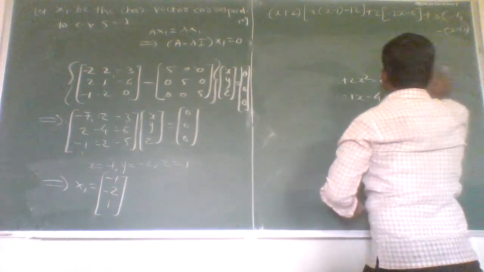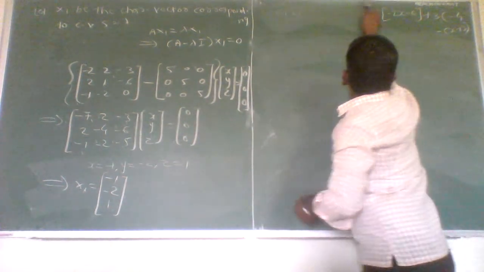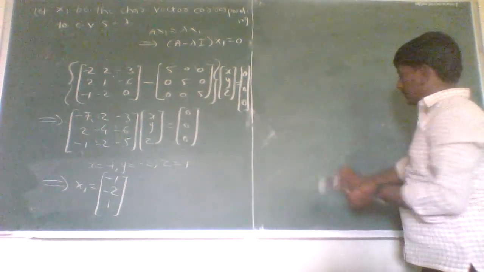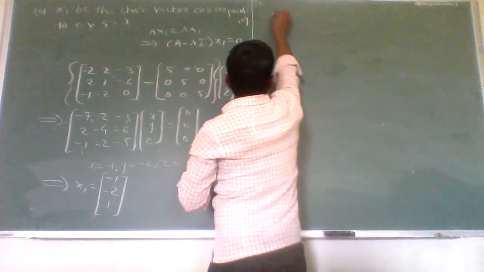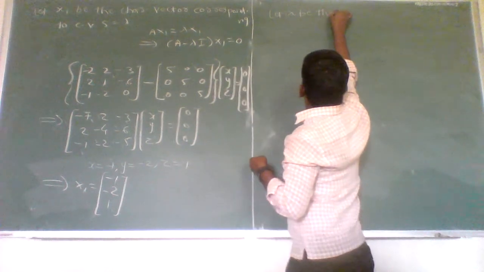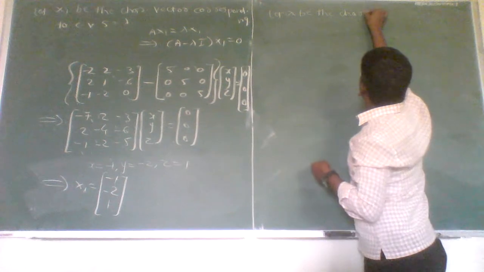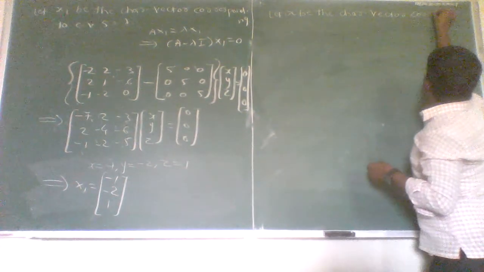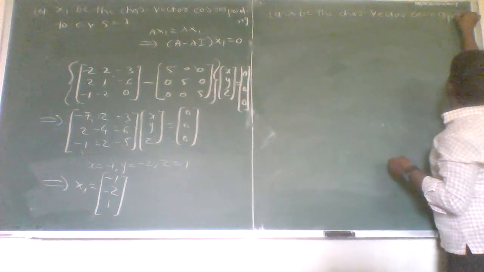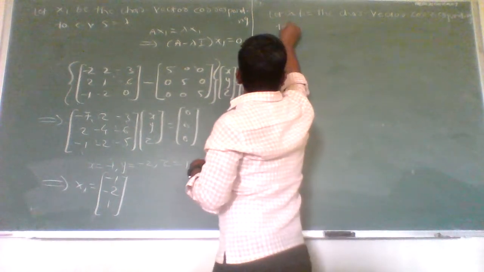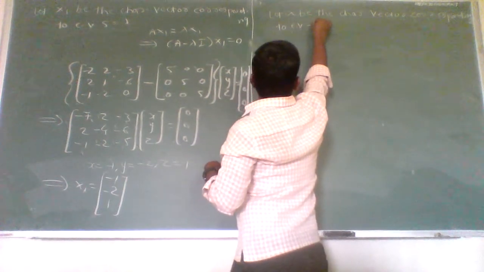Let x be the characteristic vector corresponding to eigenvalue minus 3.